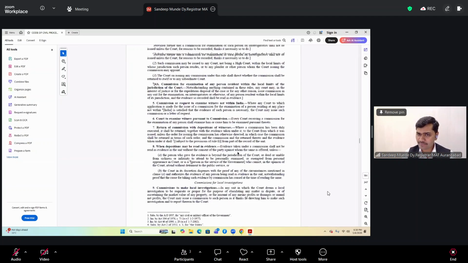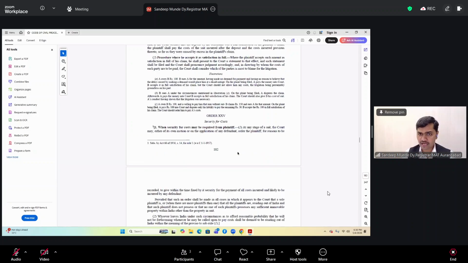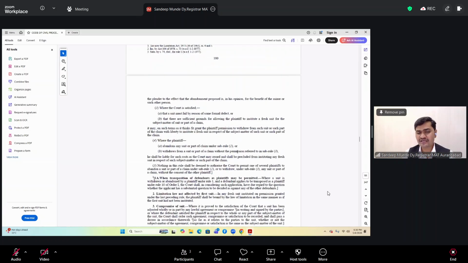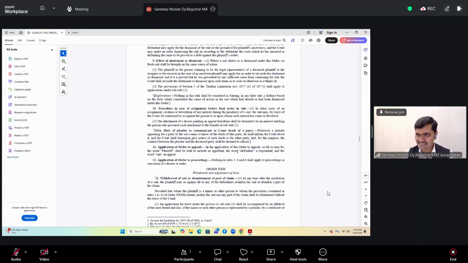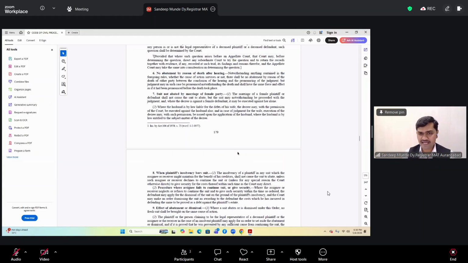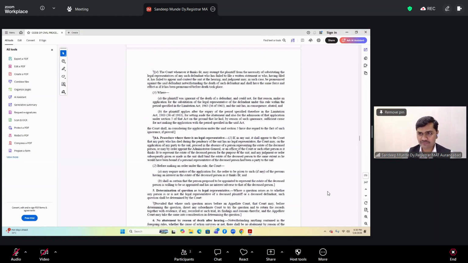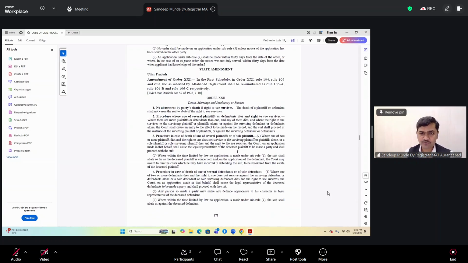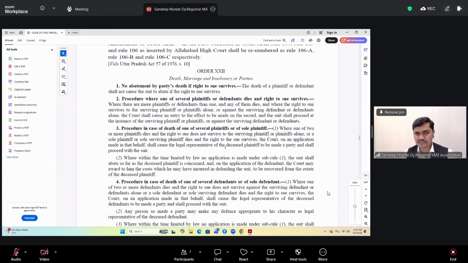When, during the pendency of any suit, appeal, or any proceeding which is civil in nature, any party dies, or there is the marriage of a female party, or any party becomes insolvent, then the provisions of Order 22 will come into the picture.